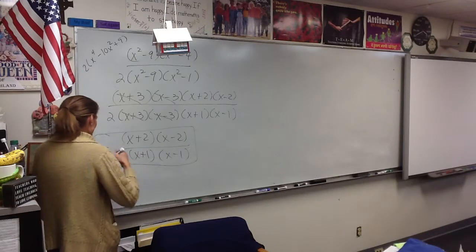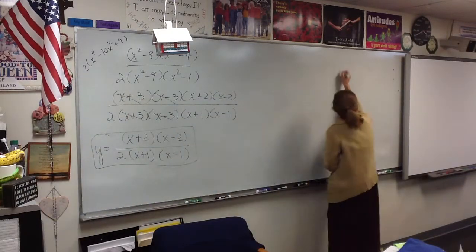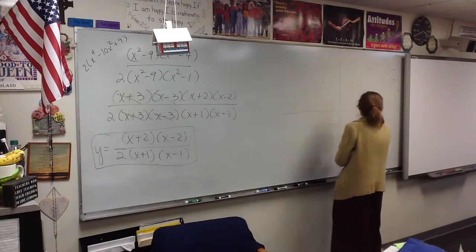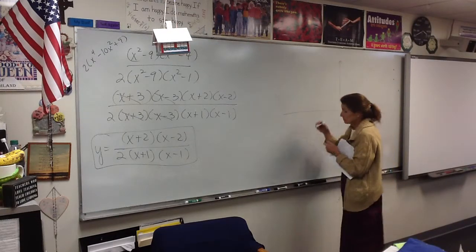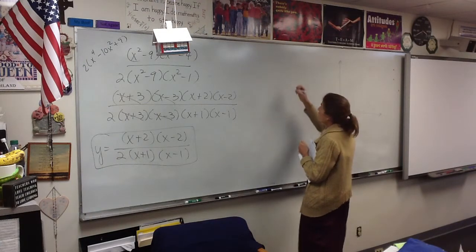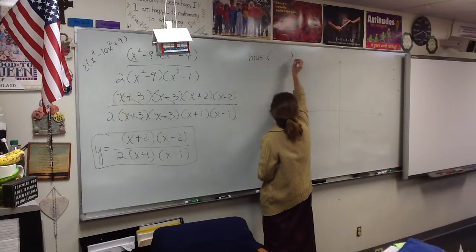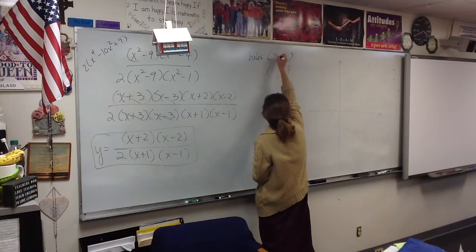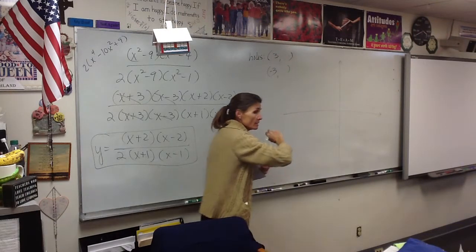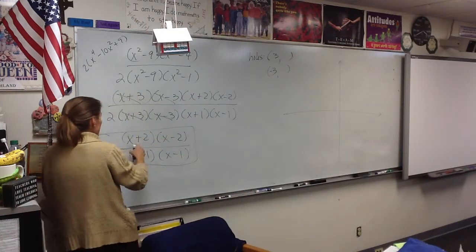And this is what's left. So I'm going to do my holes first, while they're still on my mind. Where will they be? Negative 3, 3, where x is 3 and negative 3. So let's see, I'm going to put 3 in.